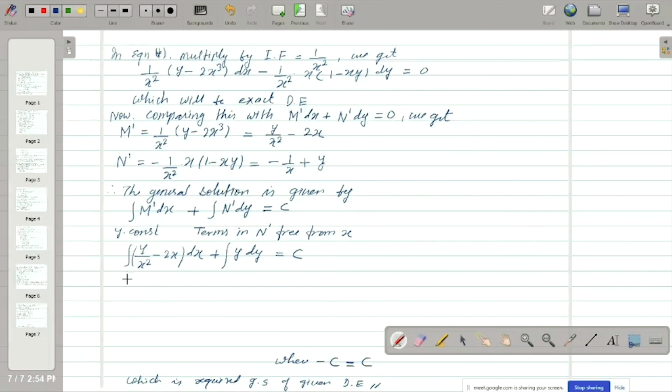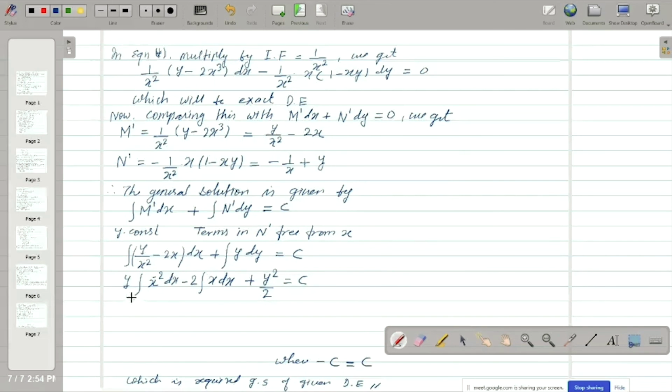Just integrate this. So I am treating y as a constant. So this becomes y integration of x raised to minus 2 dx minus 2 integration of x dx, and plus y square by 2. Integration of y dy is y square by 2, and which is equal to c.